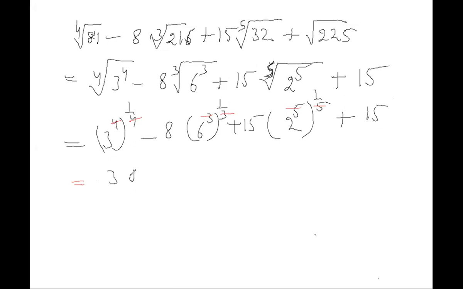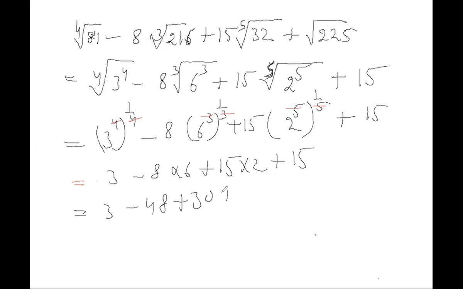3 minus 8 into 6 plus 15 into 2 plus 15. Now it is very easy to solve. All right, 3 minus 48 plus 30 plus 15, and this is equal to 0.